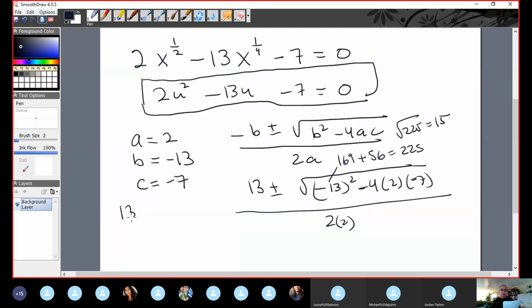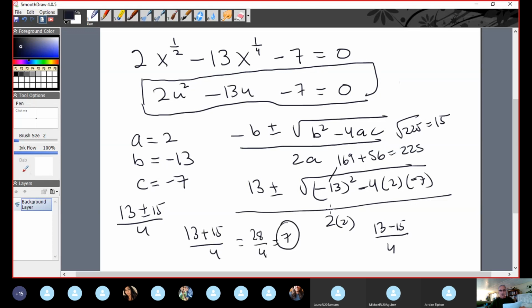So far we have 13 plus or minus 15 divided by 4, because 2 times 2 is 4. So I separate 13 plus 15 over 4 and 13 minus 15 over 4. 13 and 15 is 28, divided by 4 is 7.